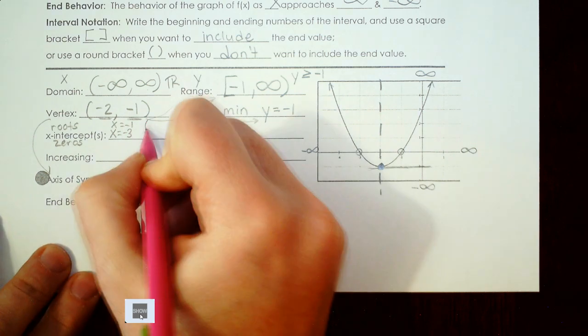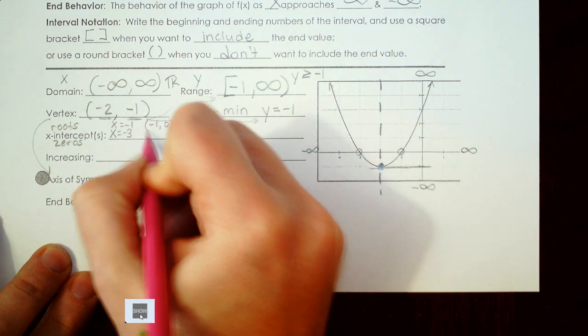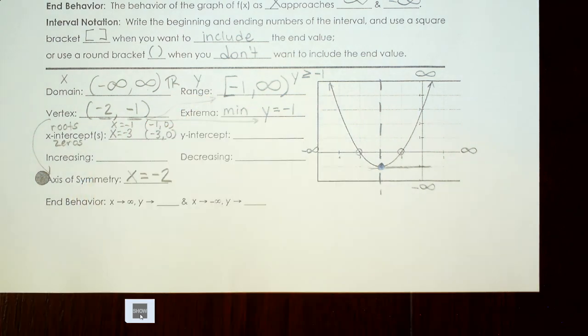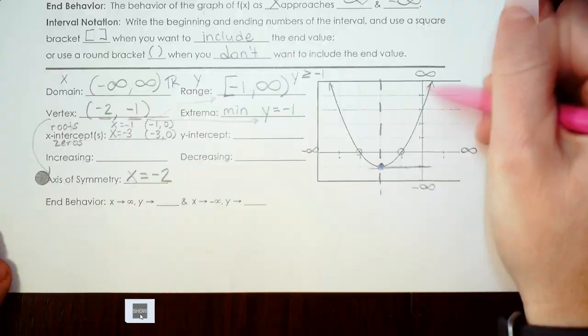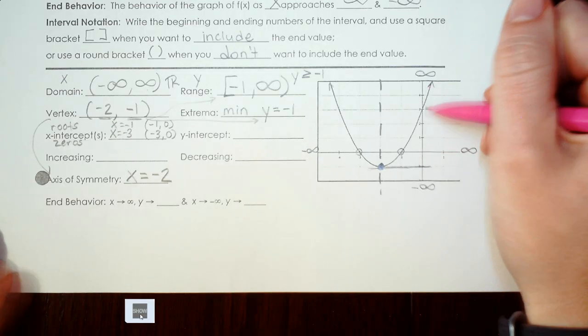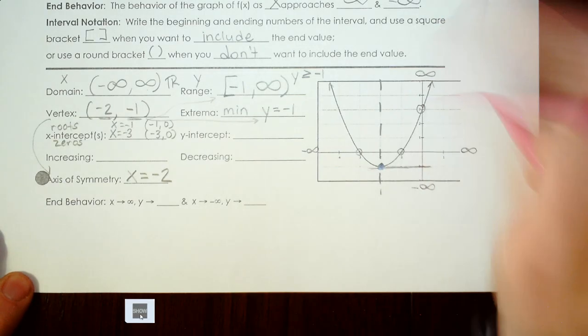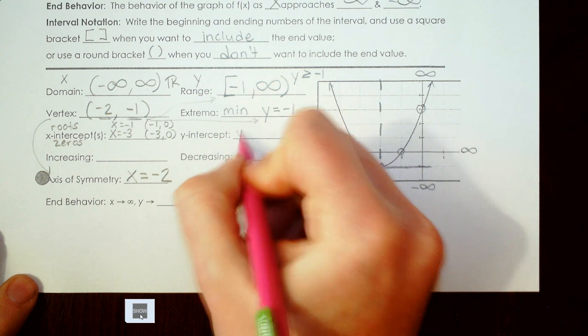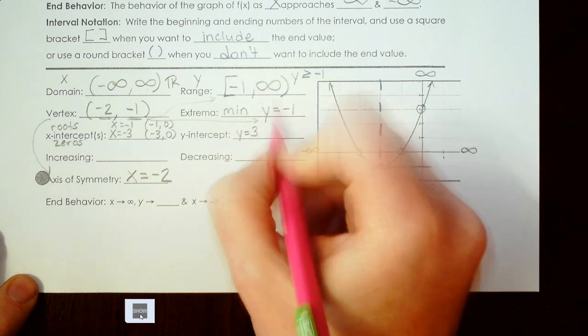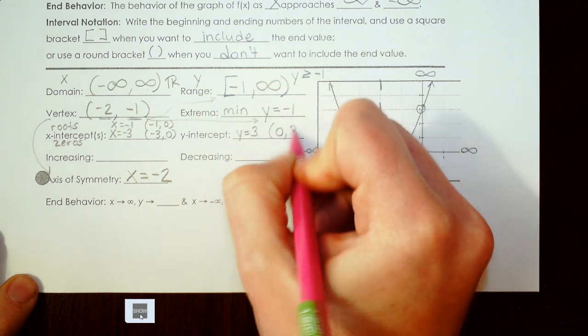So that would be -1, 0, -3, 0. Okay, either way. Same with y-intercept. So y-intercept is where does it cross on your y-axis? Well, it crosses right here, and that's y equals 3, or the other way to write it would be 0, 3.